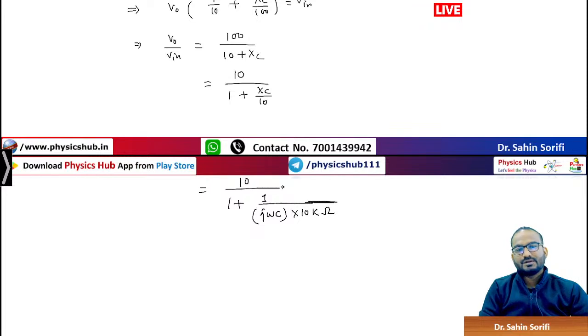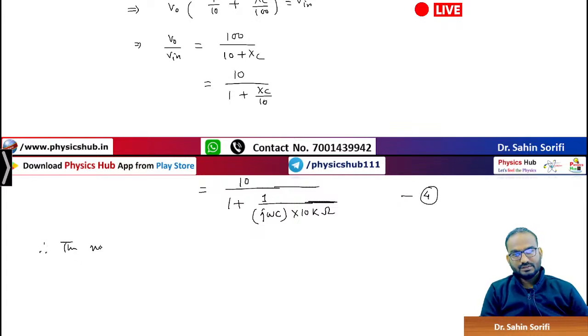Remember this one, I told you initially we used 10 for 10 kilo ohm, we have to give it back. Let's name it equation 4. What is the magnitude? Therefore the magnitude of the voltage.